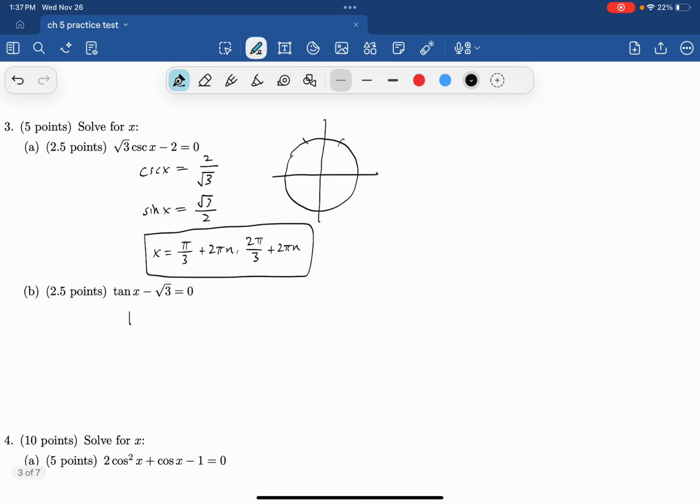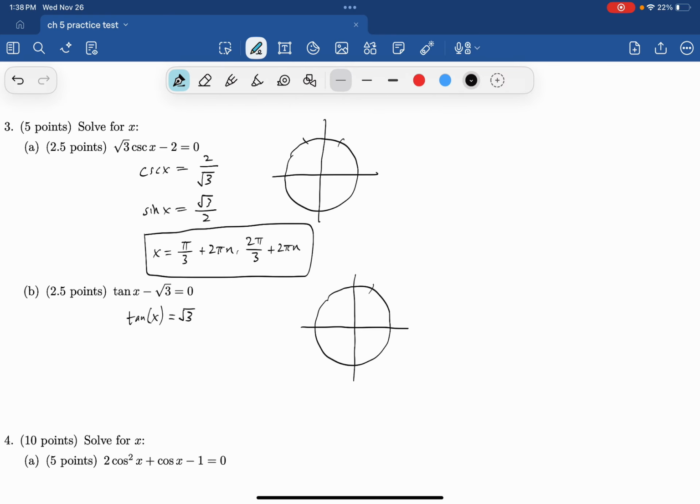Next one. This tells us that tangent x equals root 3. And so here we actually only need one solution because the period of tangent is pi. So the other solution will automatically be accounted for when we add pi n. And so one point on the unit circle such that tangent equals root 3 would be that point there, pi over 3.